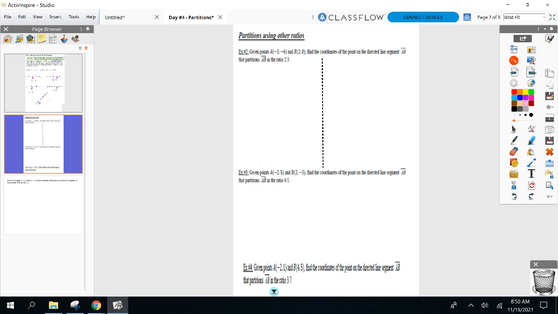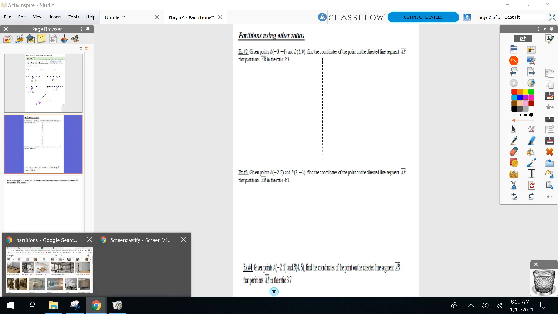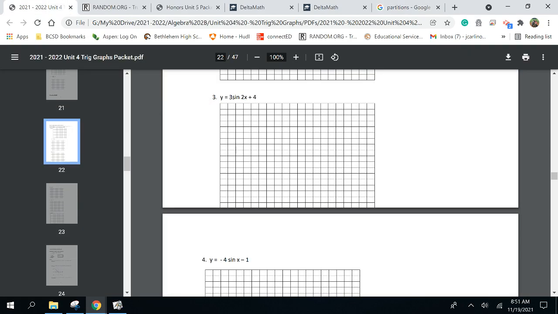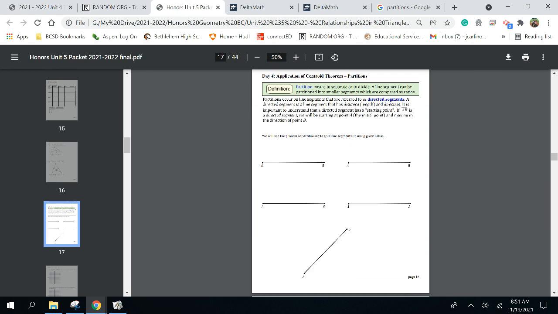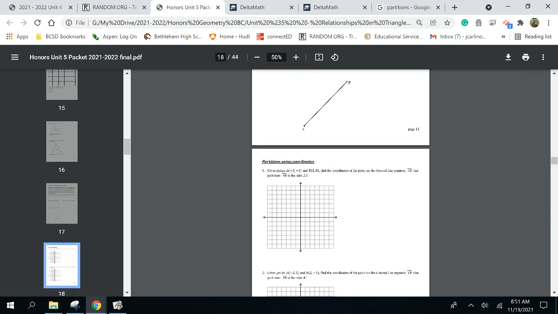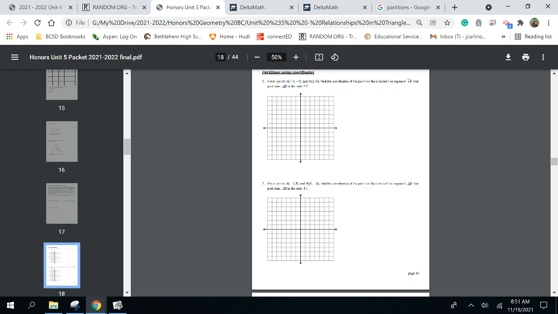I got to get the new stuff up here. All right, go ahead, graph that line segment. Let's graph that line segment, and then we'll talk.